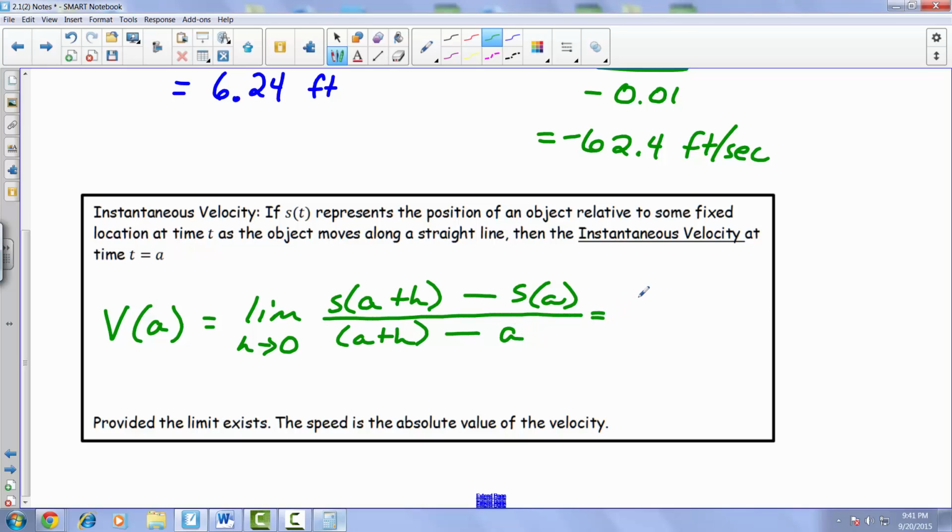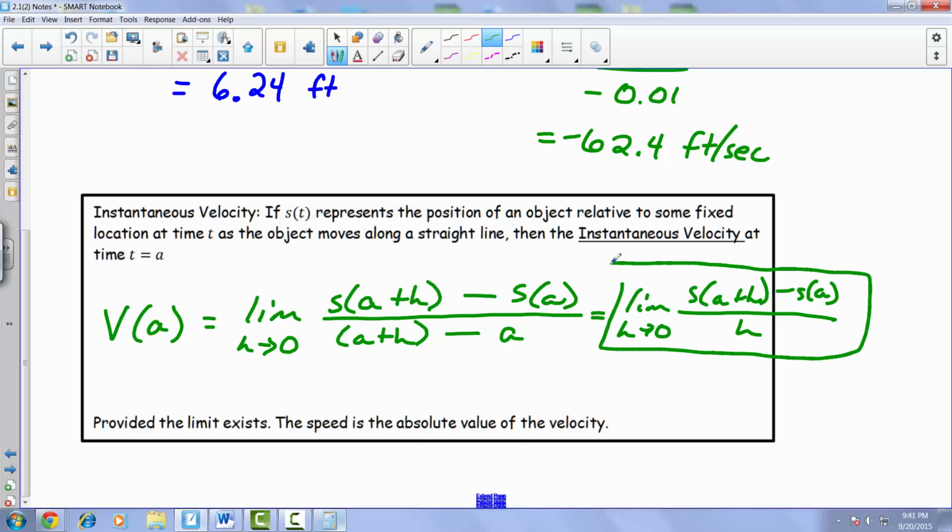Which just comes out to be the limit as h goes towards 0, just simplifying this, all over h. Pretty much these a's canceled. And so what we're seeing is that our velocities translate over in terms of this limit, and then we can find the instantaneous velocity at a particular point a. And again, we do have to make sure that the limit does in fact exist to begin with to then be able to determine that instantaneous velocity.